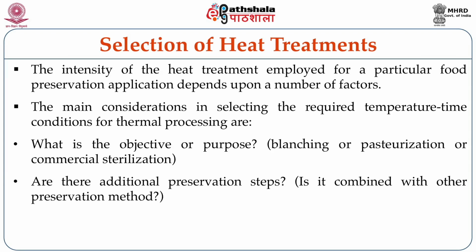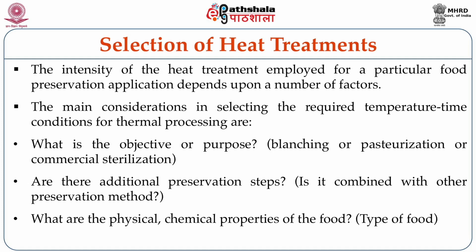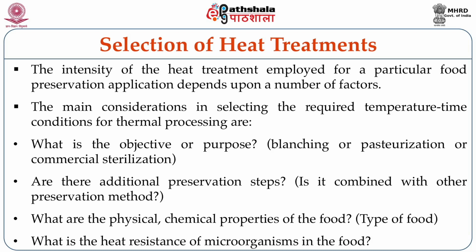Then we also need to understand if there are any additional preservation and processing steps, or whether it is just a combined preservation technique. Then we also need to understand the physical and chemical properties of the food and the type of the food for which the heat treatment has to be given. We also need to understand the heat resistance of microorganisms present in a particular food.